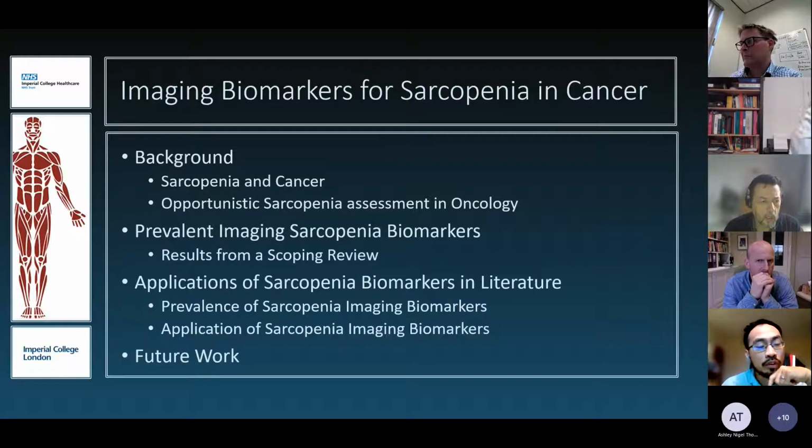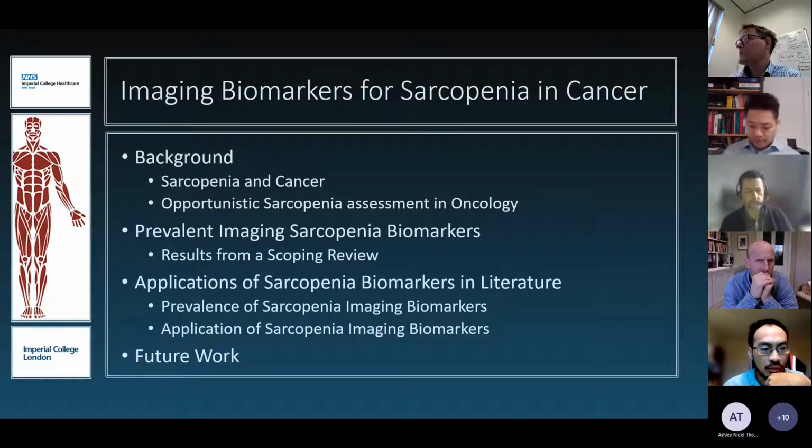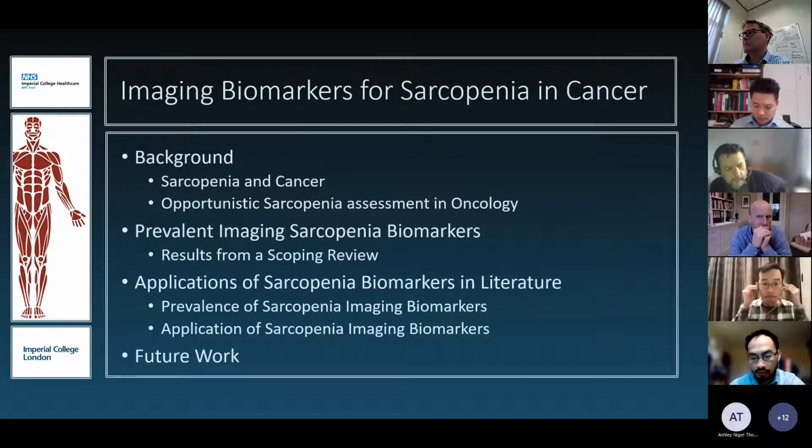And then the results of a scoping review that's ongoing, where we've looked at who uses what kind of biomarkers for what kind of studies, and the applications of these, and maybe some future work.